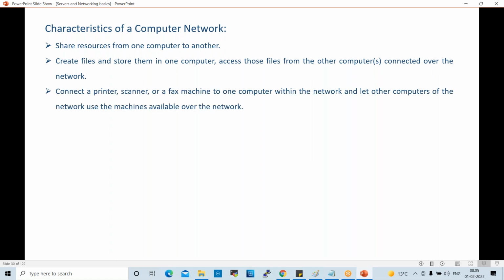Next one, connect a printer, scanner, or fax machine to one computer within the network and let other computers of the network use the machine available over the network. For example, we have LAN connectivity. We have 5 floors in our office, right? So what we will do, we'll configure only one printer on the 3rd floor or 2nd floor.